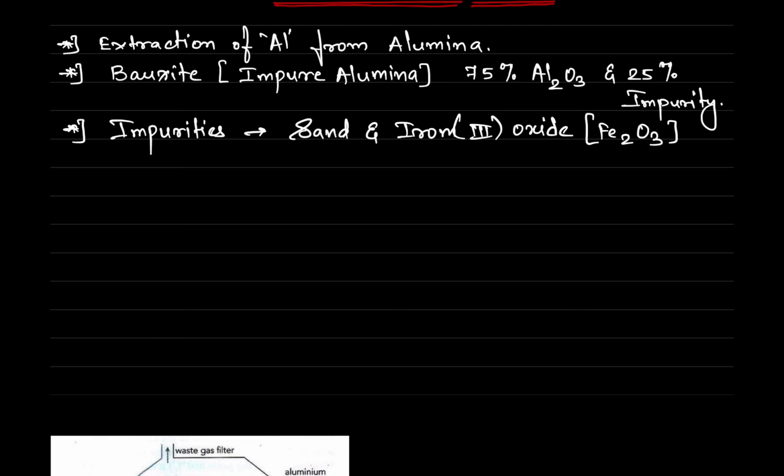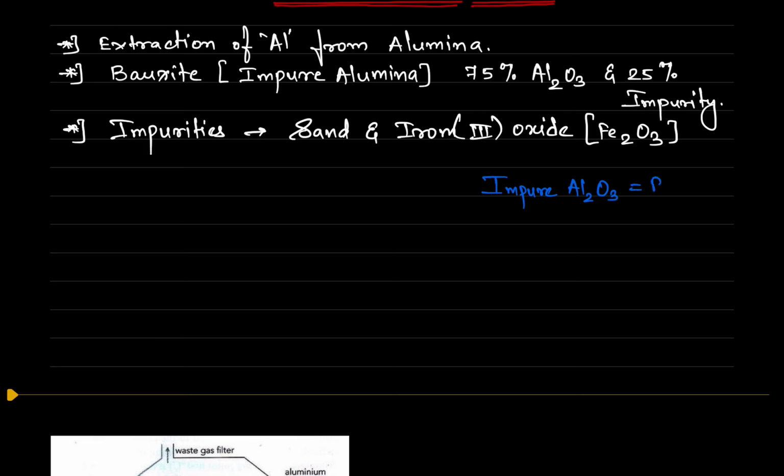Okay, now before we move ahead, I just need to point out a few major things over here. Let's suppose you have impure alumina, that is you have Al₂O₃ with impurities.